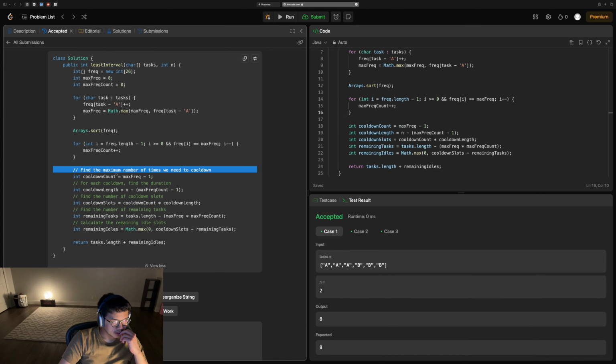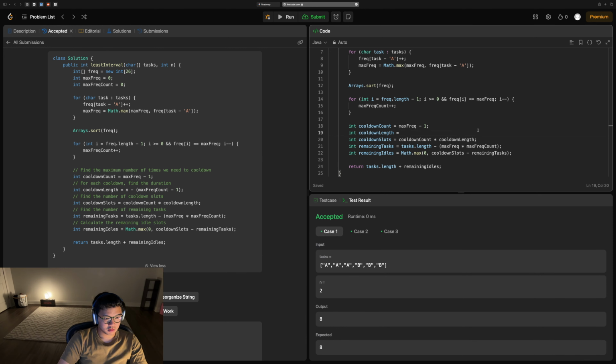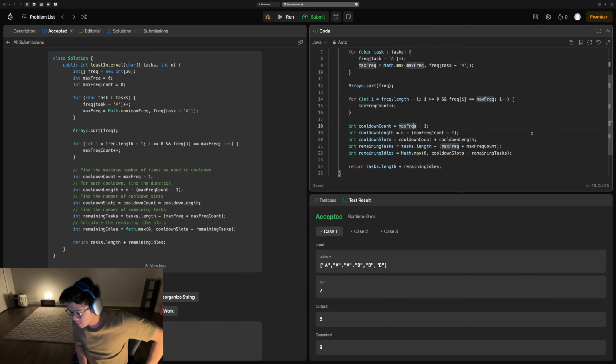This isn't. This is the amount of times we need to cool down. Wait, is it? No. This is. Okay, I have it right. Wow. See, this is still complicated. This is still tricky. I don't know why.